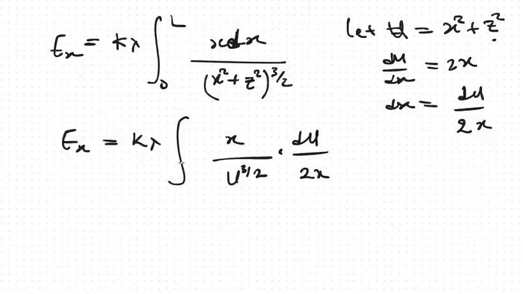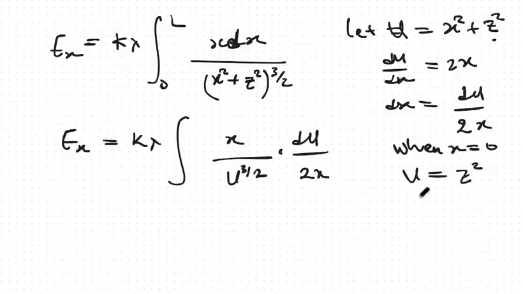When x is 0, then u will be equal to z squared. But when x is L, then u will be equal to L squared plus z squared.